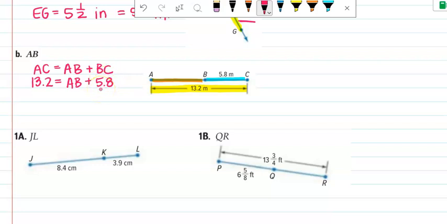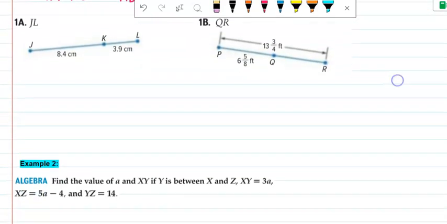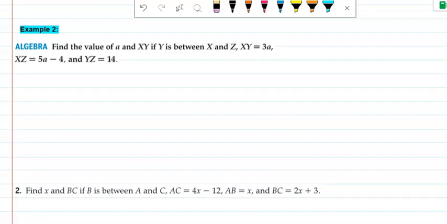So just like when you were solving a regular equation with a regular variable, we're going to subtract 5.8 on the other side. And 13.2 minus 5.8 is 7.4. This has units, so whenever we have units, we definitely want to label those. So our answer is 7.4 meters. So that's one way we can find different distances.